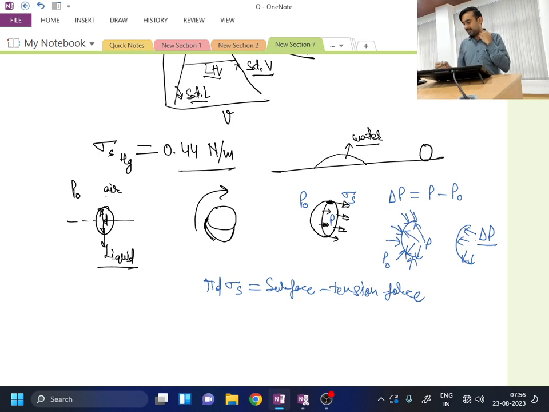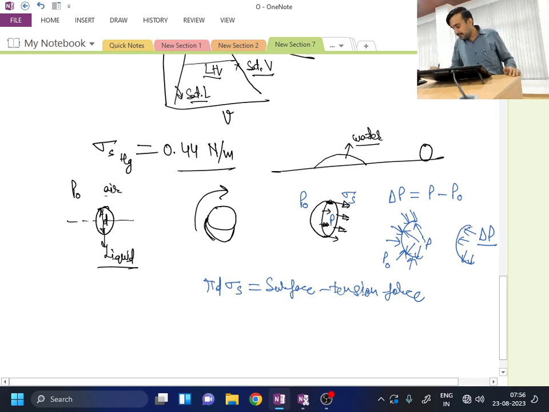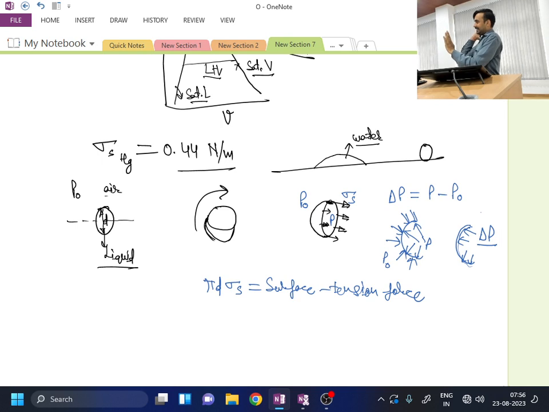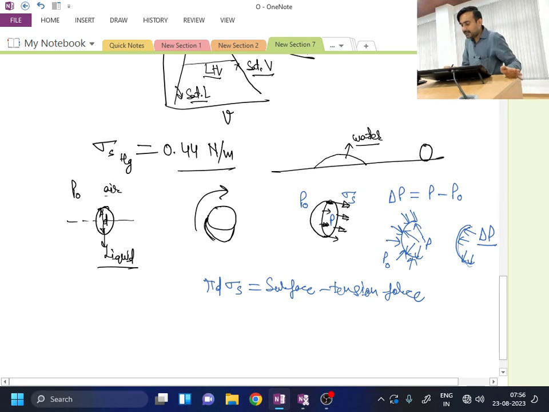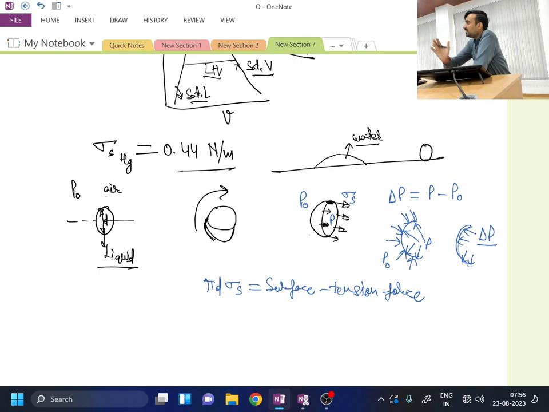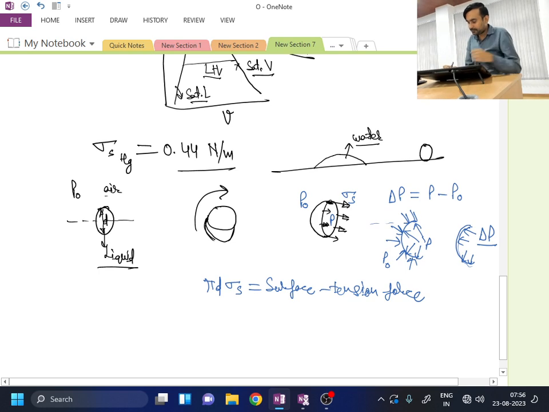Okay, so this pressure is acting on the complete periphery of the surface, but we are now trying to find the forces only in the horizontal direction. Okay, because we have taken this slice in such a way that only the horizontal component of the surface tension is coming into this picture. Okay, so if I have to consider only the horizontal contribution of the pressure force, then can you tell me what will be the projected area of this sphere in this direction?